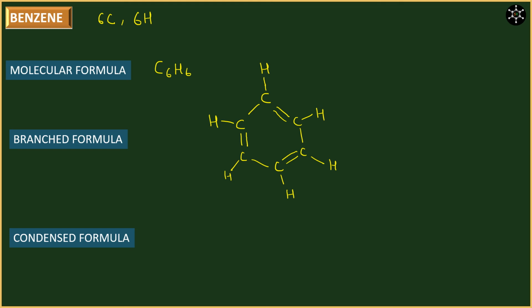This is the branched formula for benzene. Coming to the condensed formula, we will not be writing the CH bond. Instead, we will be putting them together as CH. So, condensed formula will be CH, single bond, CH, double bond, CH, single bond, CH, double bond, CH, single bond, CH, double bond.